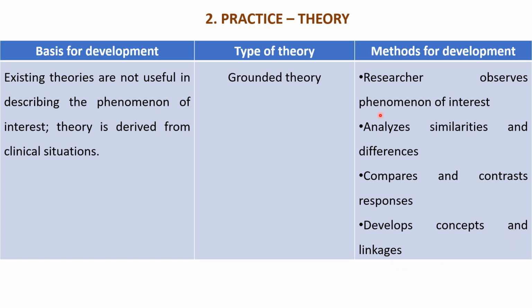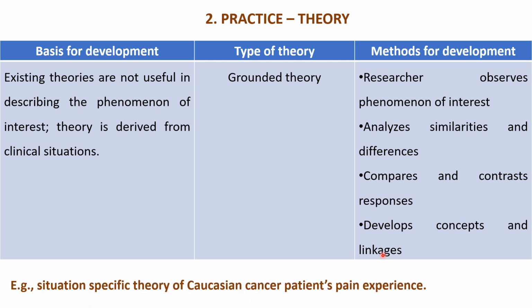This is how practice theory is developed. An example: the situation-specific theory of Caucasian cancer patients' pain experience was developed through grounded theory research. From practice, the theory was developed.